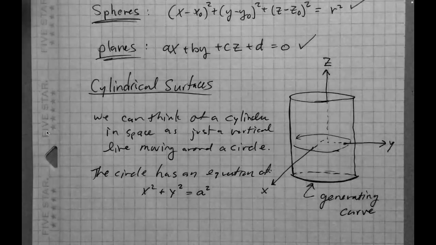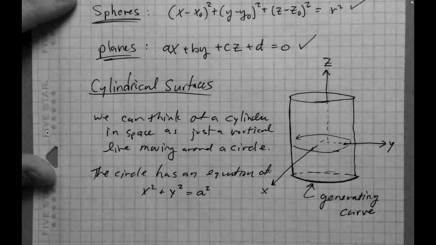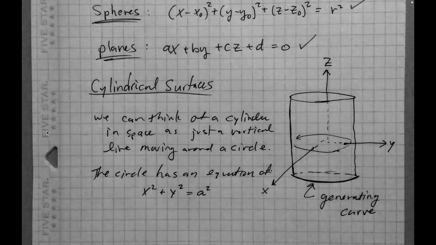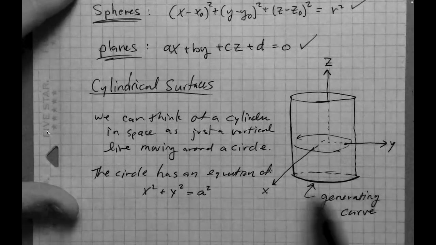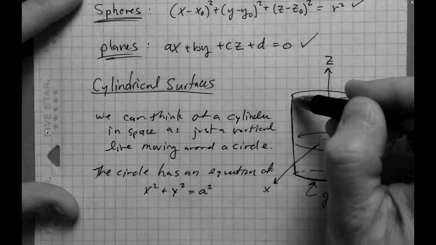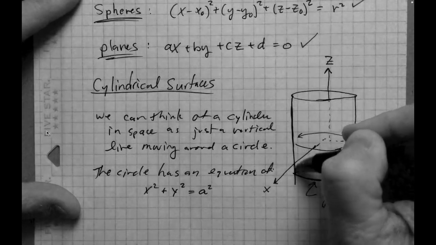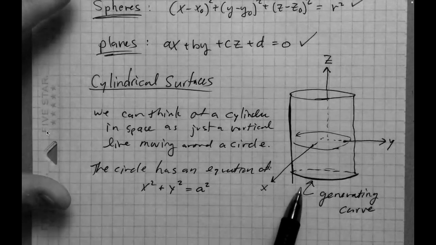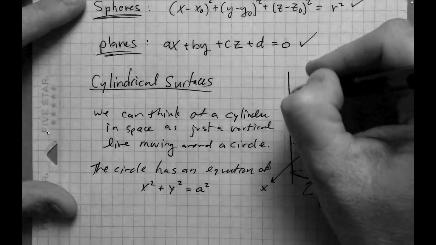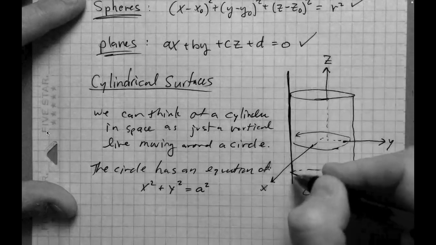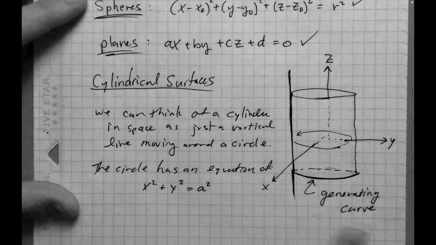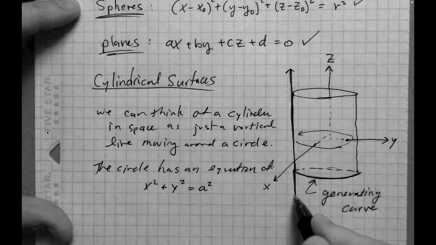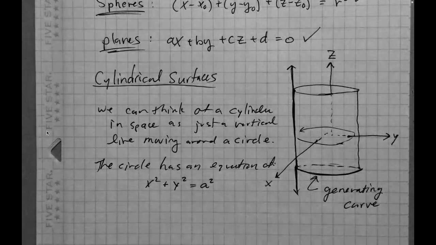So the circle is called the generating curve. That's the setup. Now, you've got vertical lines, and with a cylindrical object like this, the assumption is that the vertical lines can go on forever. It's possible to truncate them if you like, but you want to imagine them going in either direction forever.